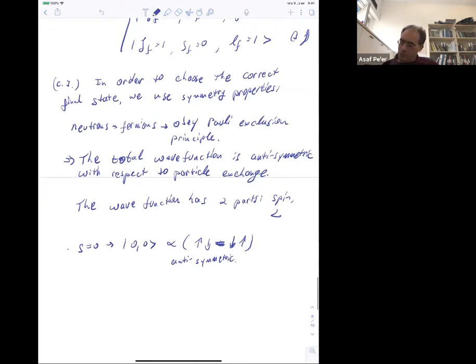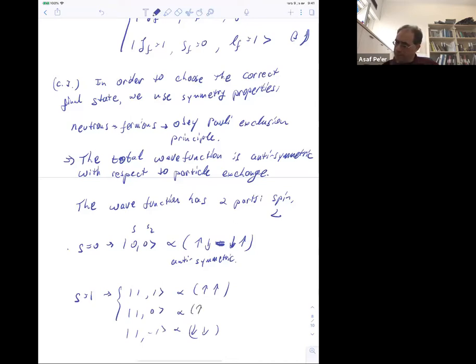And if S is equal to 1, then again this is total S, so S and Sz. We have 1, 1, 1, 0, and 1, minus 1. So this will be up and up. This will be down and down. This will be up, down, plus down, up.